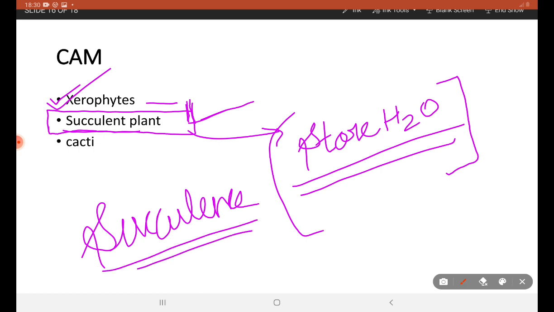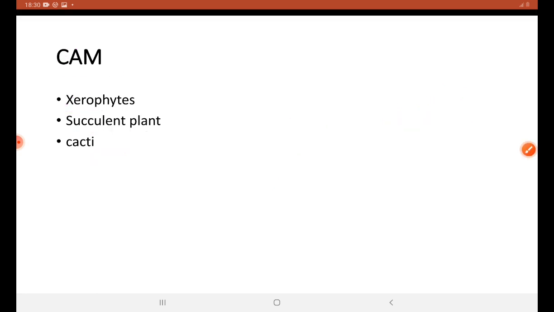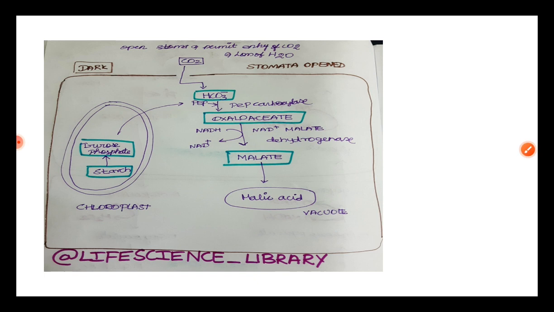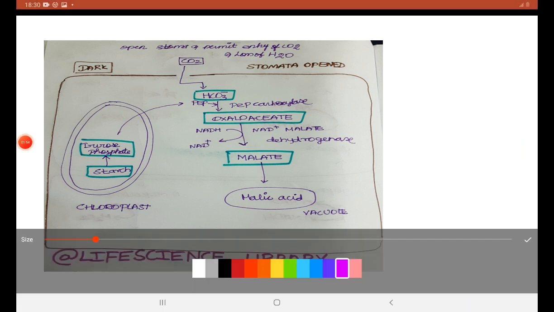The best examples of this kind of plants include cactus and all other varieties of plants grown in hot desert areas. This is an overview of the characteristics of plants that possess the CAM pathway. Now we are going to see this CAM pathway in detail.